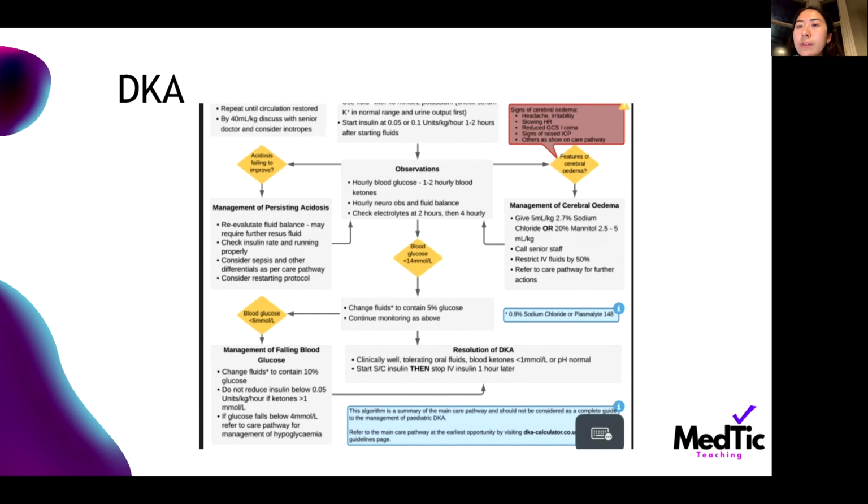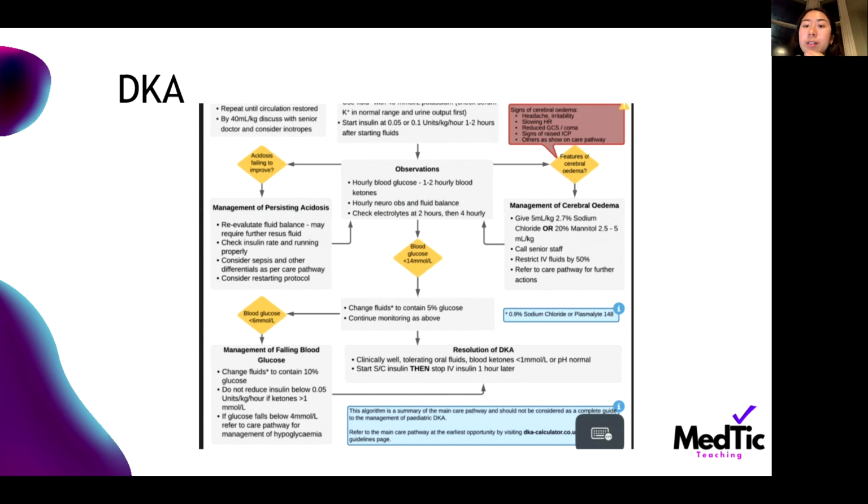And hopefully after following the pro forma, you should get the blood glucose going below 14. And at this point, you want to change your fluids to 5% glucose. Before, you would have been using the saline with some potassium replacement as well.